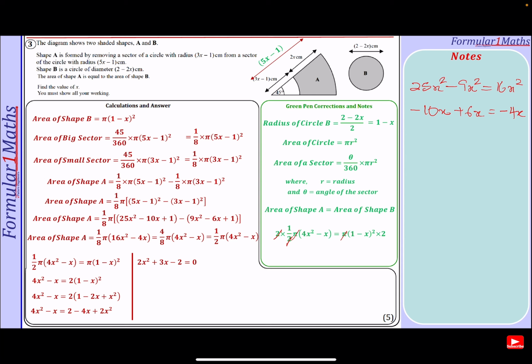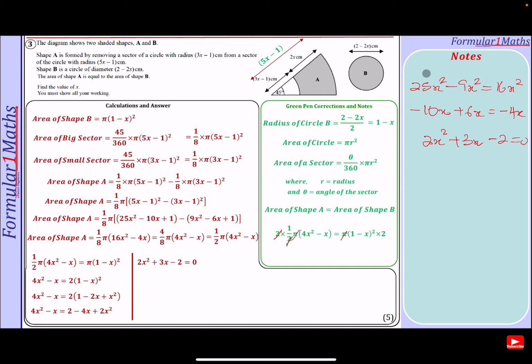So if I do this, I'll get 2x squared plus 3x minus 2 equals to 0. I want two numbers which multiply to give me minus 4. So 2 times that is minus 4. So the two numbers must multiply to give me minus 4 and add to give me 3. And you can see that it's going to be plus 4 and minus 1.